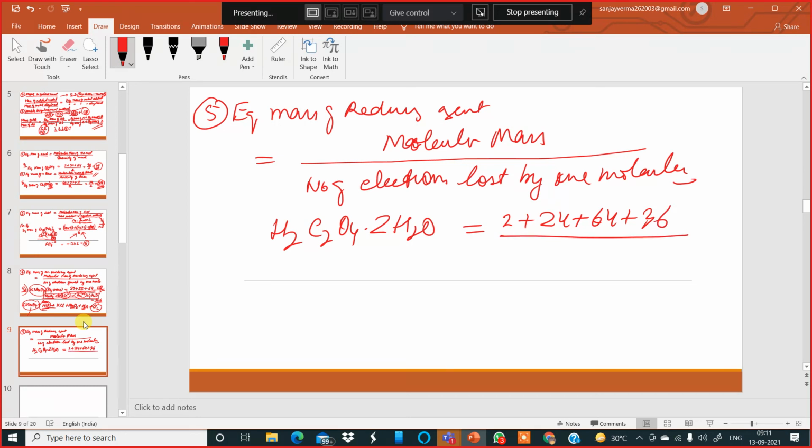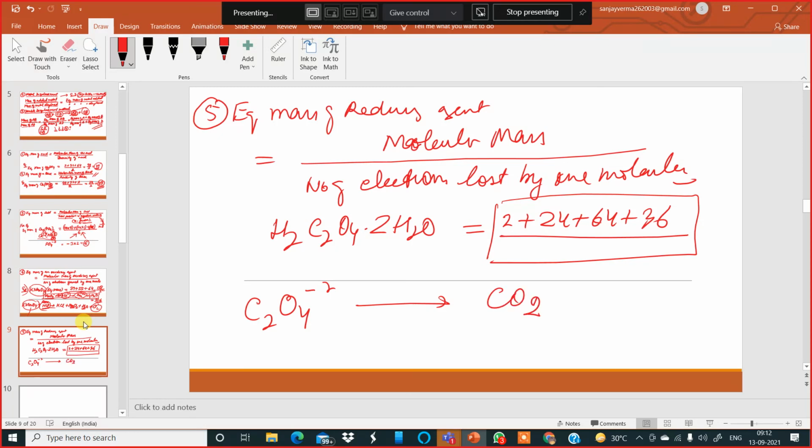To calculate the number of electrons in this formula, you can write down the ionic equation: oxalate ion C2O4 minus 2, when it gets oxidized, produces carbon dioxide gas. The number of carbon atoms needs to balance, because here it is 2, so I put 2 over here. Then oxygen becomes 4.